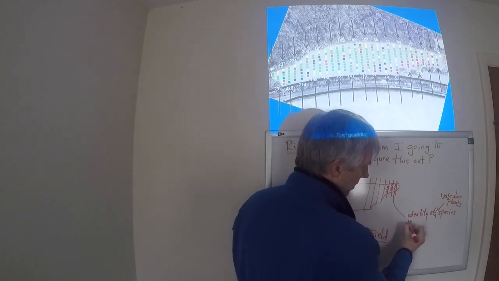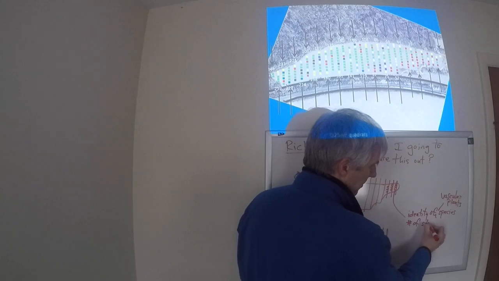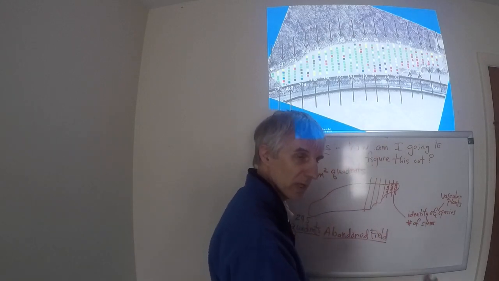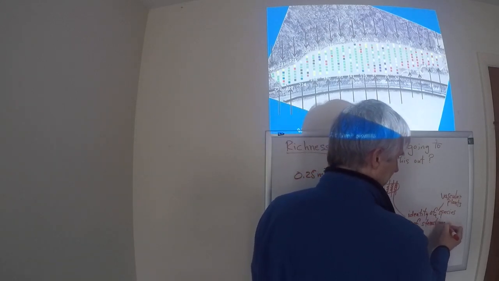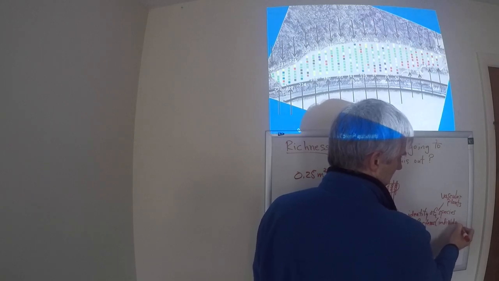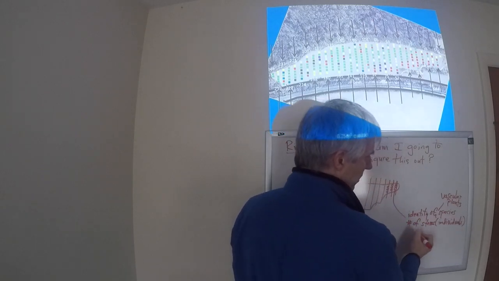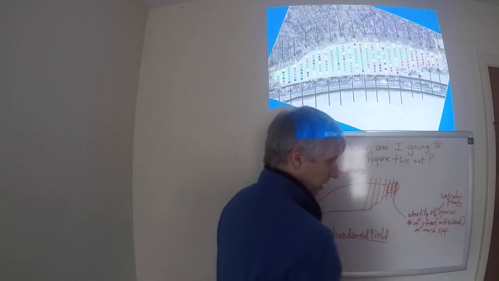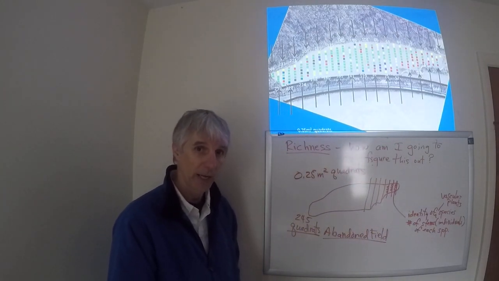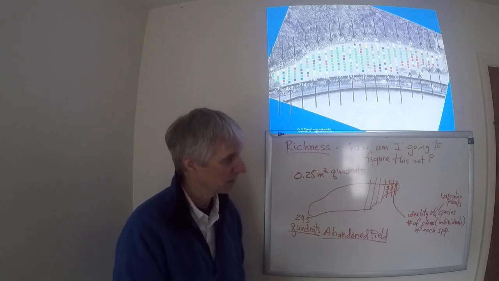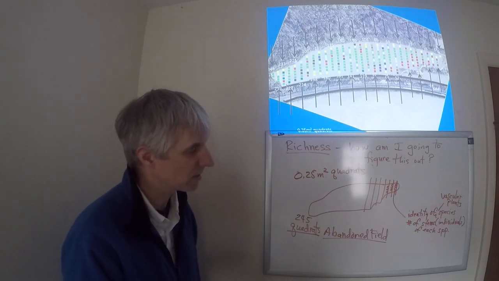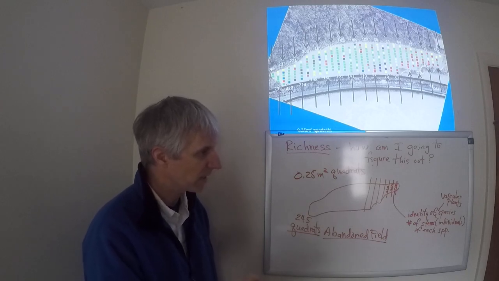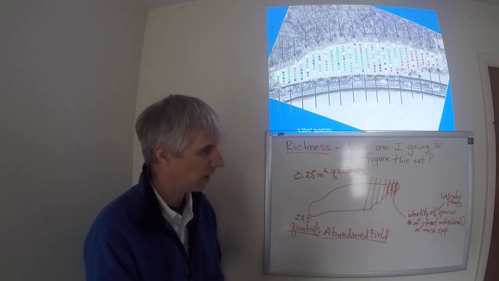And then we're also looking at the number of stems, which is the number of individuals, of each species in each of these quadrats. So the identity of species, the number of individuals of each species in each quadrat.